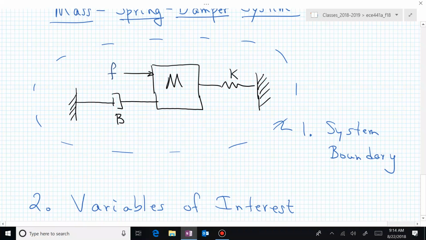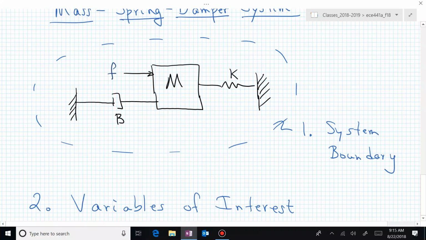What would help you describe the dynamic behavior of this mass spring damper system? Okay, so we have to know all of the coefficient values that are up there. The M, the mass, the K is the spring constant, and B is the dash pot value. I'm assuming those are given.